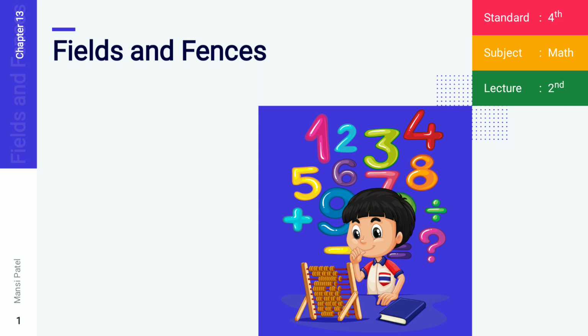We saw the definition and meaning of fields and fences. Another name for fields is area and another name for fences is perimeter. So in this chapter we are talking about area and perimeter.